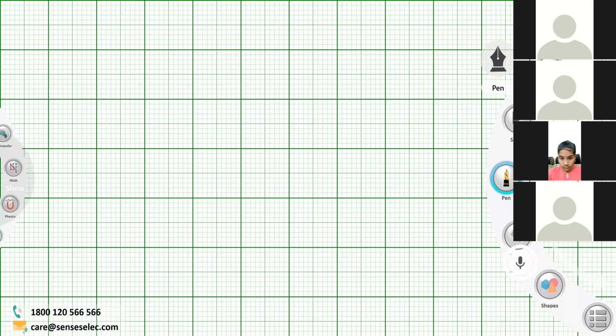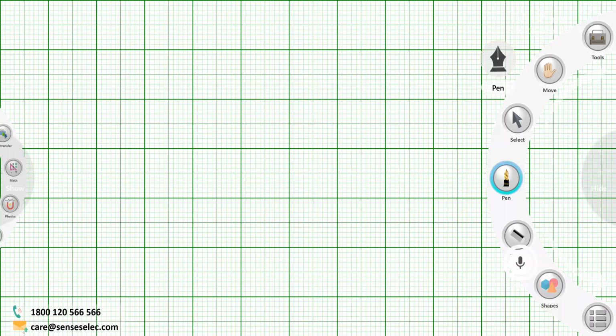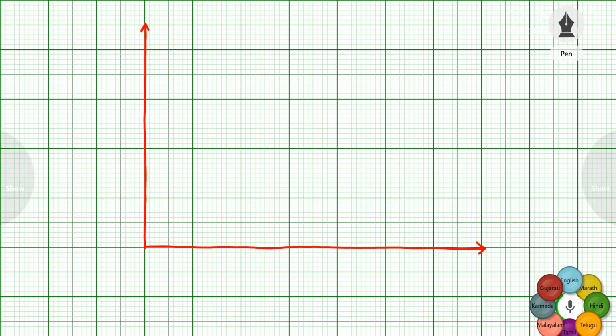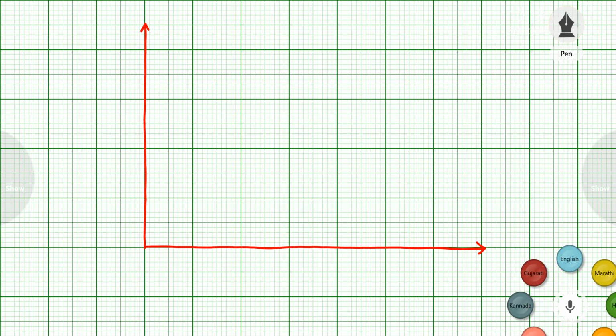Vertically is the y-axis, horizontally is the x-axis.